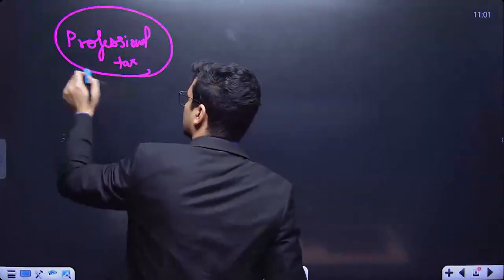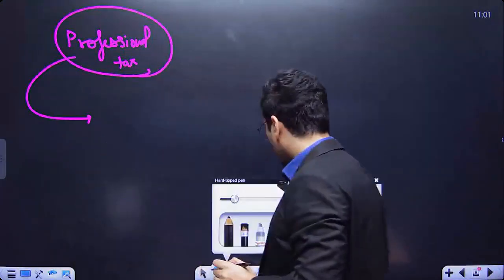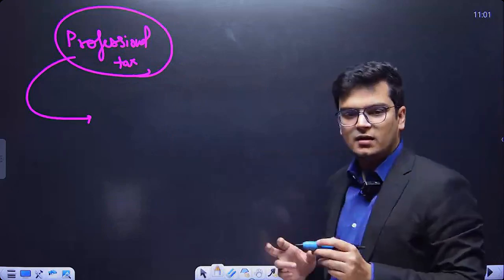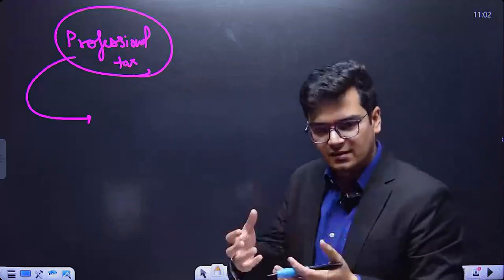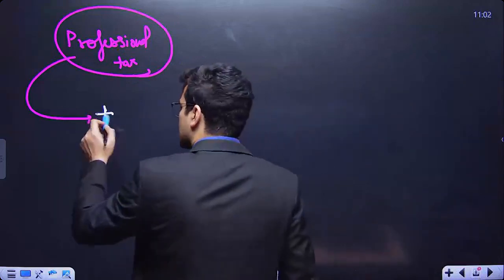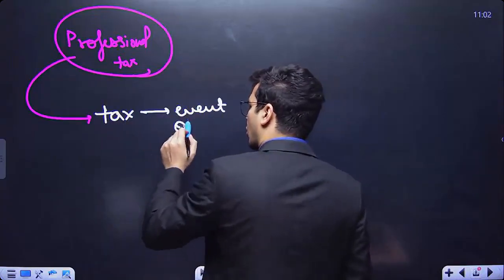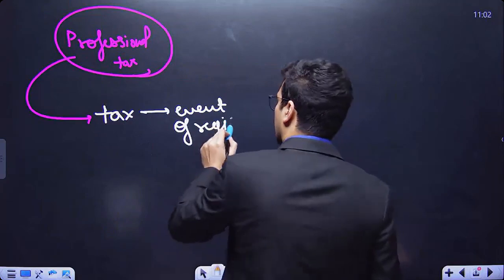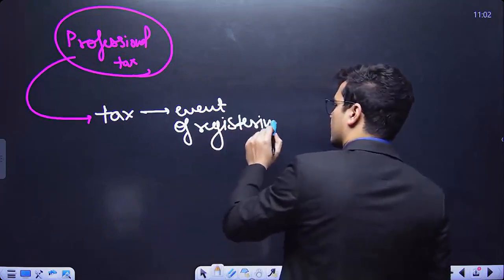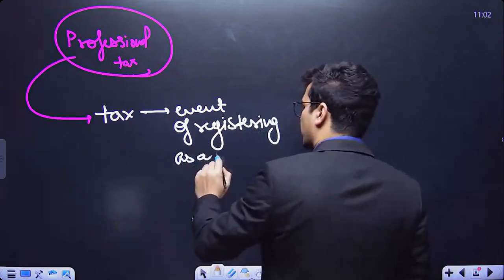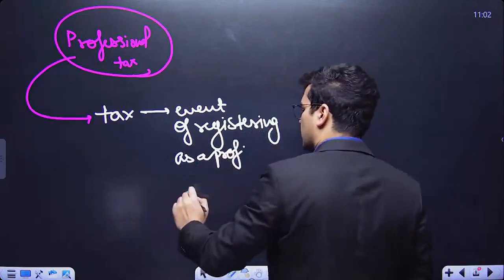Professional tax is, अब हर टैक्स को हम कैसे डिफाइन करेंगे? टैक्स ऑन एन इवेंट. Professional tax is tax paid on the event of registering as a professional in that state.